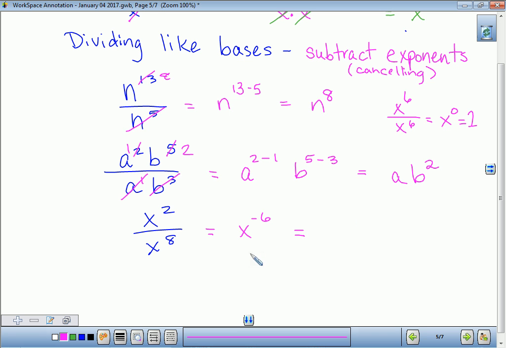You may or may not remember that the negative exponent moves it to the denominator. So if we did this one like canceling, 2 of these cancel with 2 of those, do you see how it kind of takes us straight to the answer? Now when everything cancels out, it leaves the understood 1.